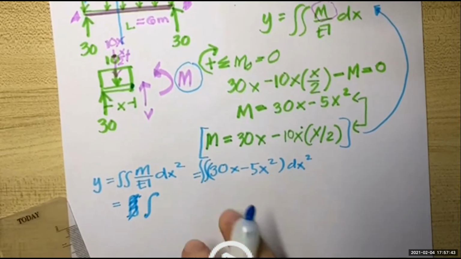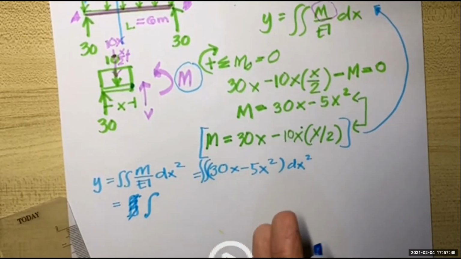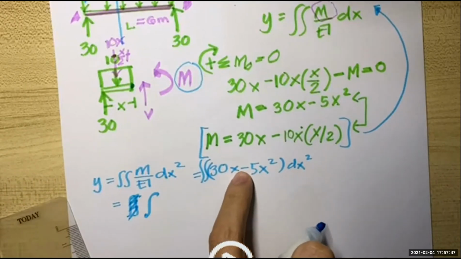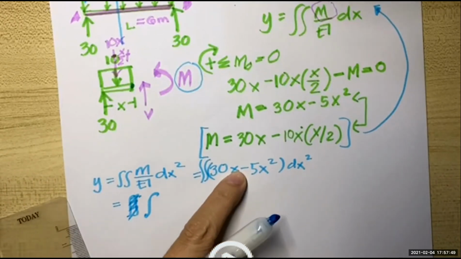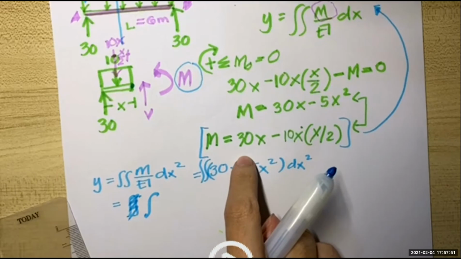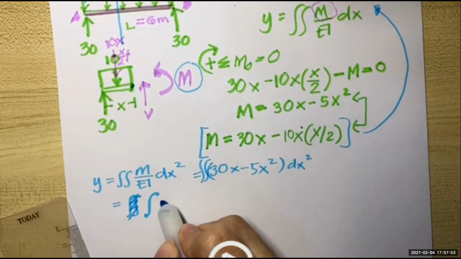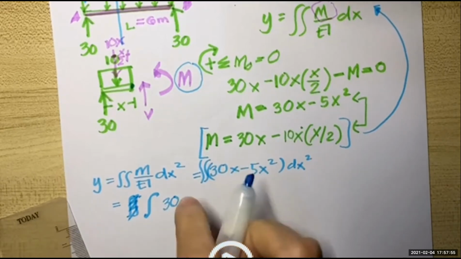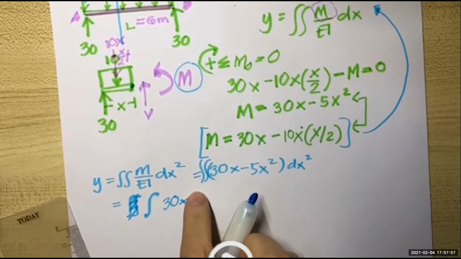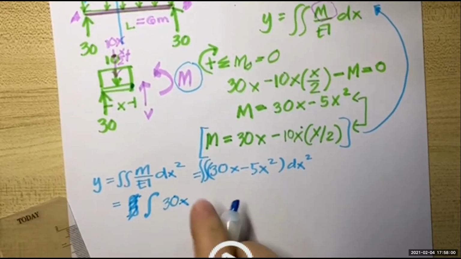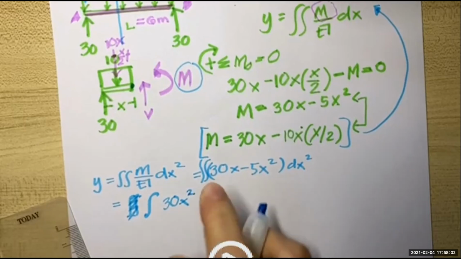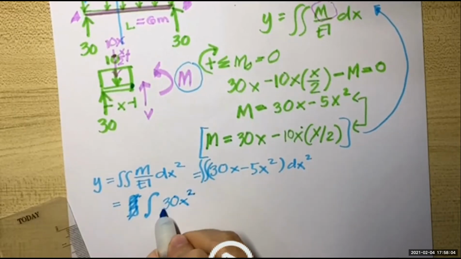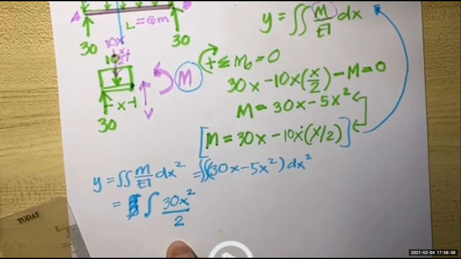Integrating it first, we have 30x, di ba? Sa integral nyo, power rule, kapag x, yung constant, magpa-plus 1 tayo sa exponent. So, 30 x, 1 plus 1, kasi yung x, di ba, may exponent yan na 1. So, 1 plus 1 is equal to 2. And then, adding that sa denominator natin, which is 2. So, ganun yung equation.